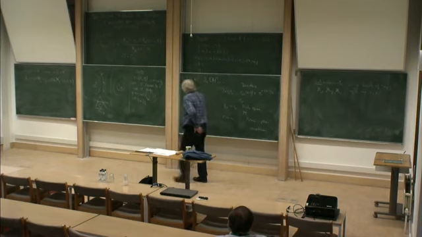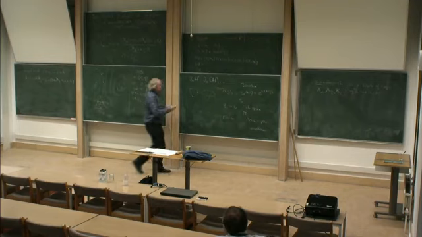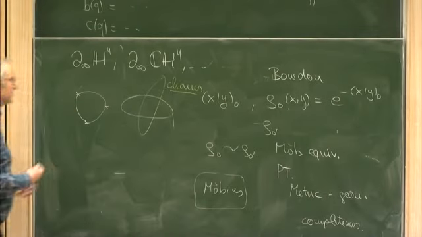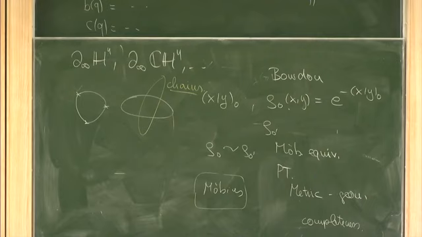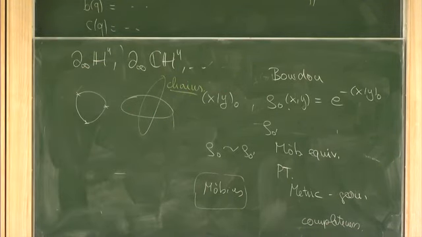So the circles I have characterized here, and chains are characterized in a similar way. I don't go into details. And the circles are just the boundaries at infinity.